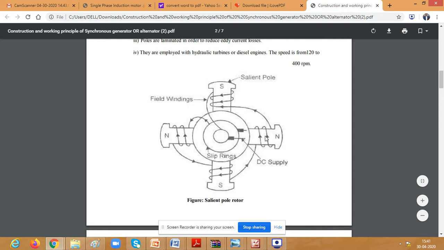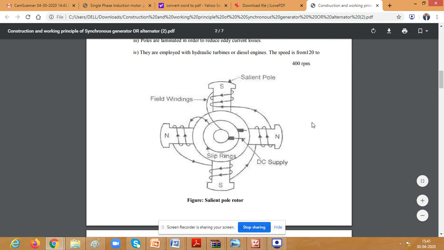Here is the north pole, then south, then north, and the fourth pole. These are the salient poles, and we are supplying the field winding using our DC supply, and we use two brushes to give the supply to the field winding.